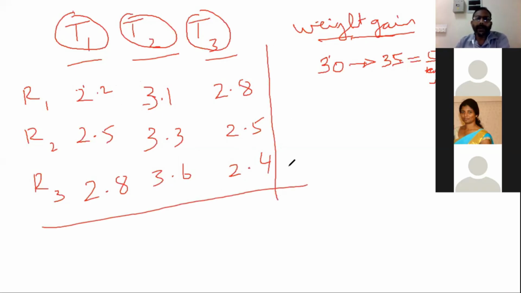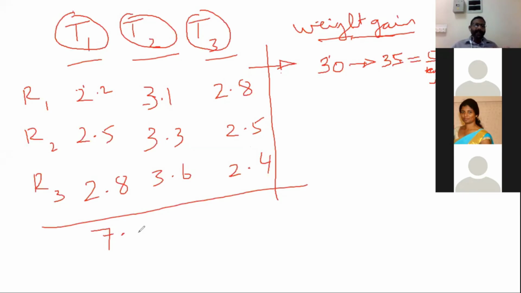Now tell me, what are the totals? Now you'll have to tell me all these values. This way total is not necessary. Now, what is the first treatment total? Get all this. 7.3. You see how many answers are coming. 7.3, 7.5.